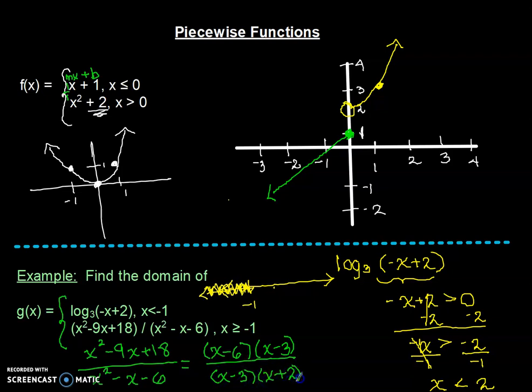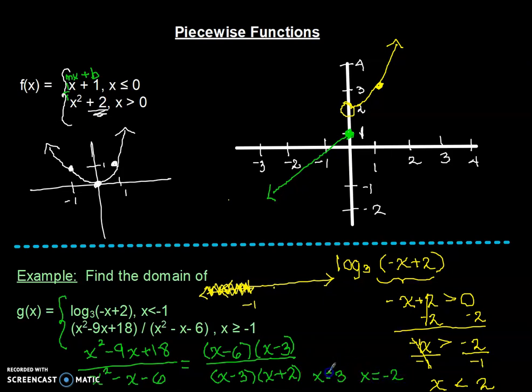There is a hole or removable discontinuity, but in this case, I'm just working on the domain. So I'm going to look for the values that x cannot be so that I can use all the x values that I can actually utilize from here. So I'm going to set each of the factors in the denominator equal to 0 so that I know what I cannot use, which would be x equals 3 and x equals negative 2.